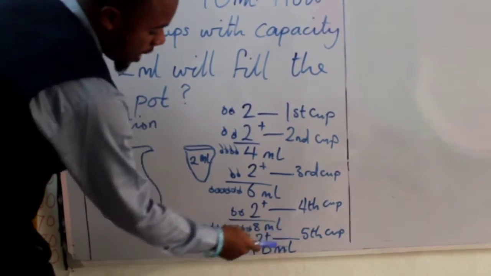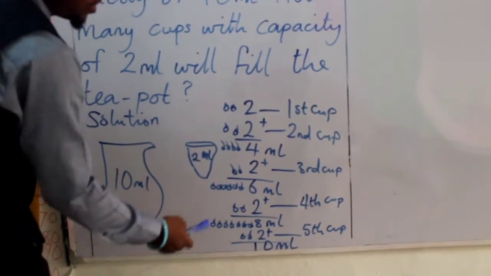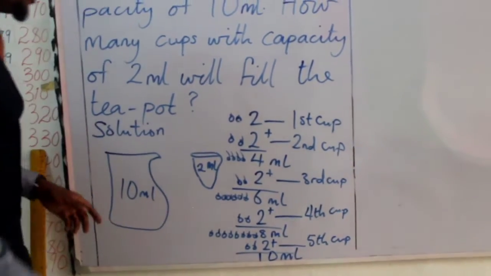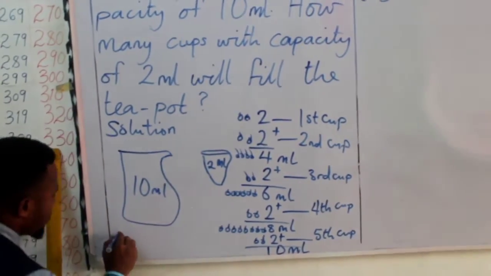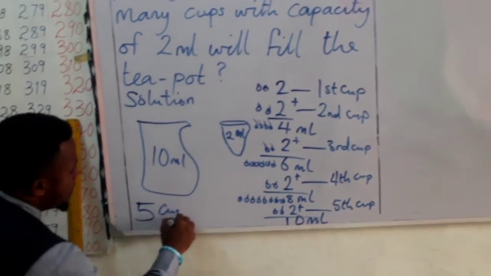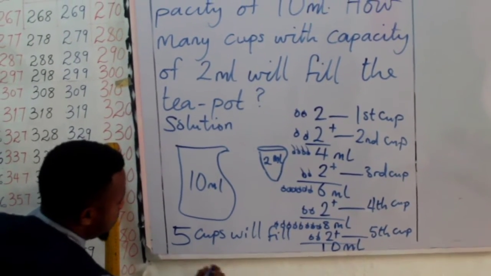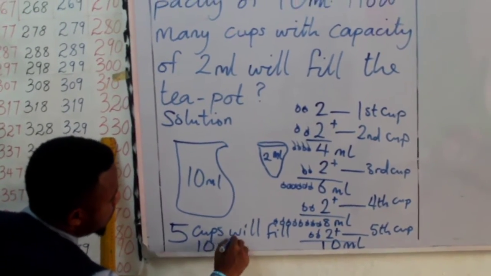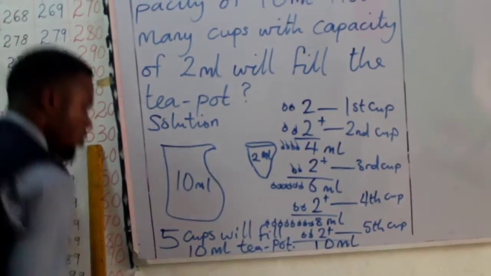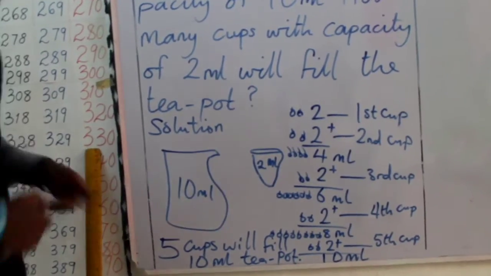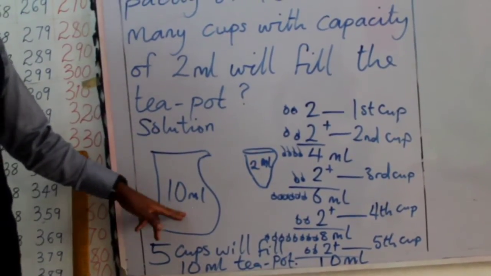We added the fifth cup, which is 2 plus 8, is 10 milliliters. So we need 5 cups. 5 cups will fill a 10 milliliter teapot. So 5 cups of this will surely fill this.